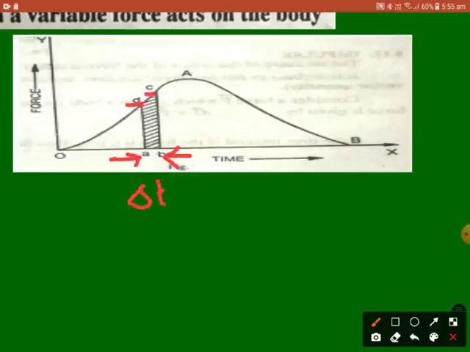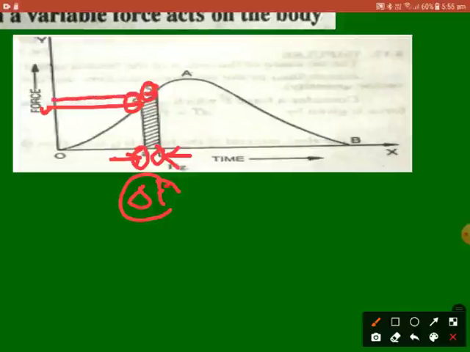That means if you find the force at the very beginning of this delta t, it will be represented by this point, here. And if A and B are very close, then D and C will also be very close. If you find the force at the end of this small duration of time delta t, these two forces, one at this point and another at this point, will be very close to each other.